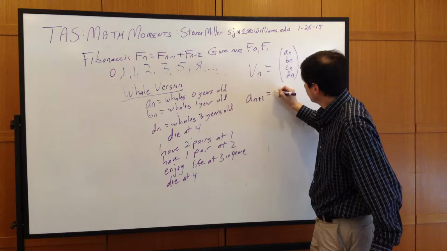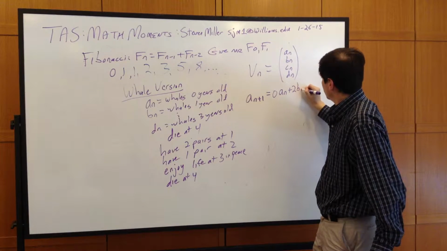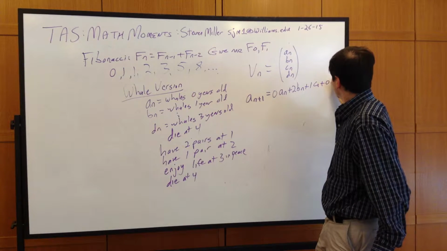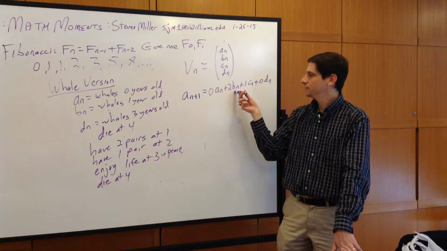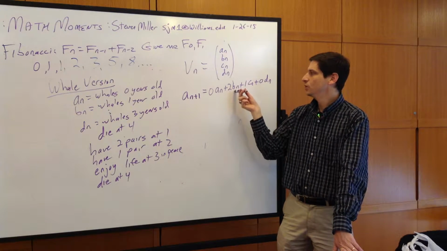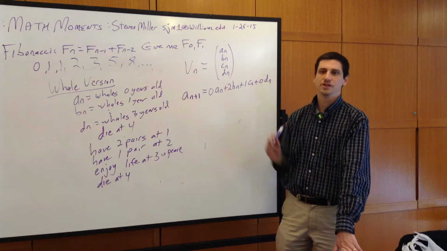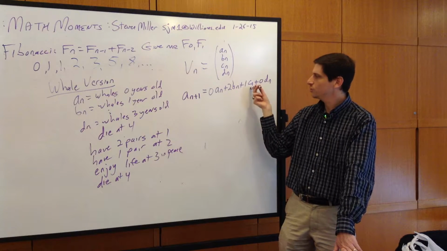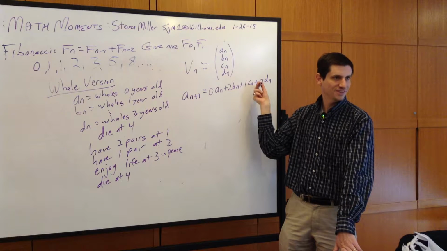Very complicated. You need a whole table, because the 0 ones turn 1 and then 2. So I think it should be something like this. The whales that were 1 year old here, they're going to get pregnant, and then they will give birth 1 year later. The whales that were 0 years, 1 year, 2 years old have 1 pair that gives birth. These ones are just enjoying life.